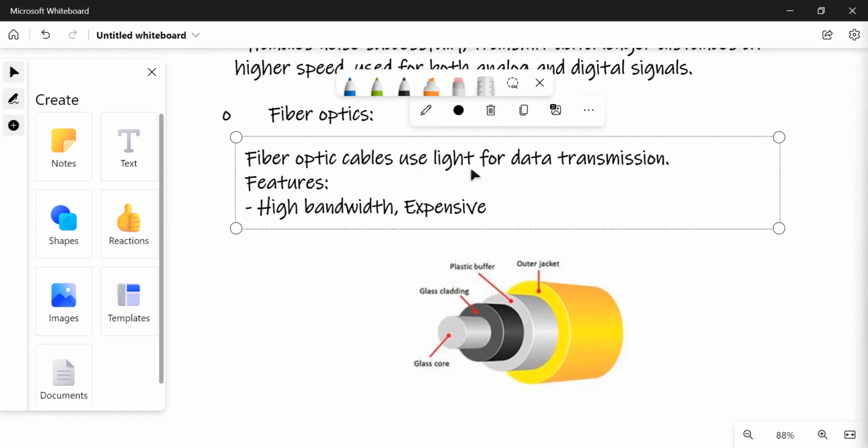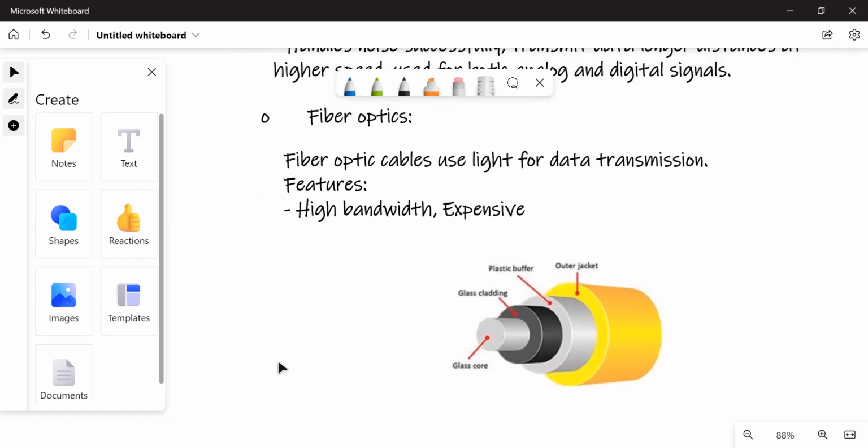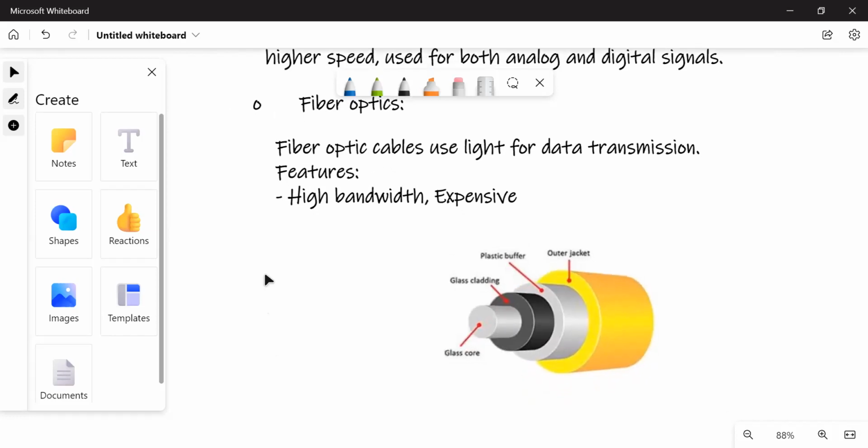Right. So what we have discussed so far is guided media. Let's look at unguided or wireless media, right? So what we have discussed is guided. So let's look at unguided transmission media.